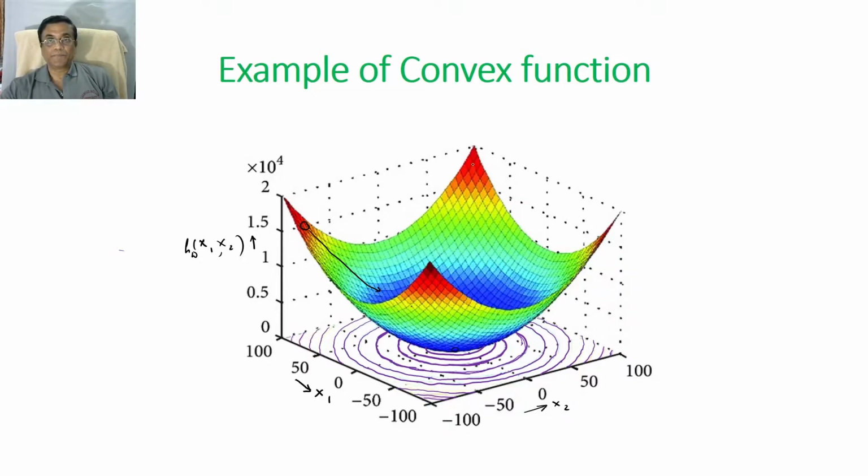If somebody rolls the ball from here, it will also come down and settle here. So from anywhere, if you roll down a ball, by the very nature of the structure, it will settle at a fixed point which is at the bottom.